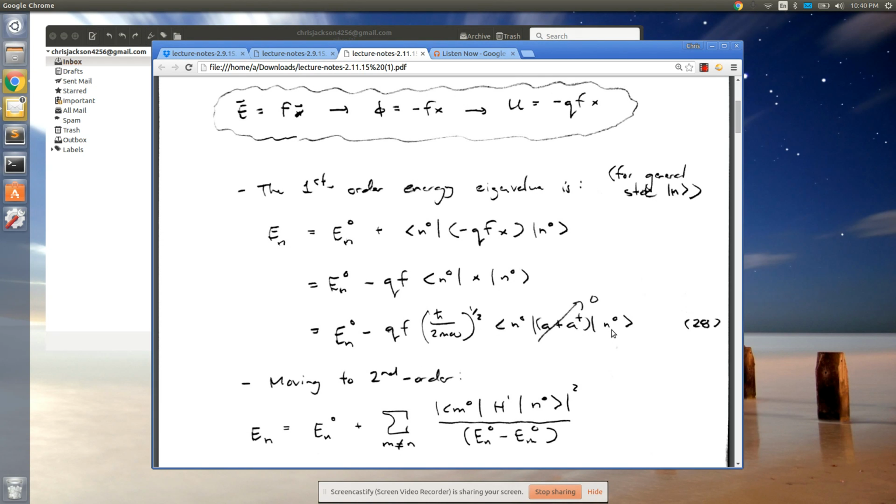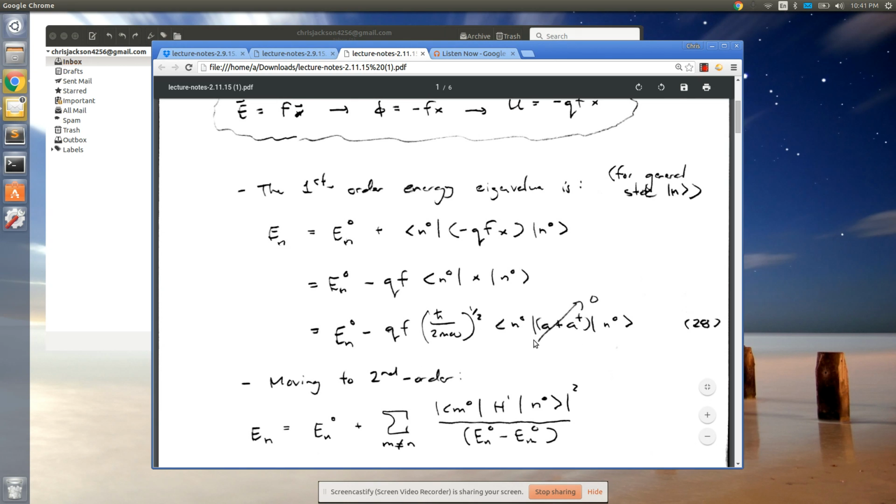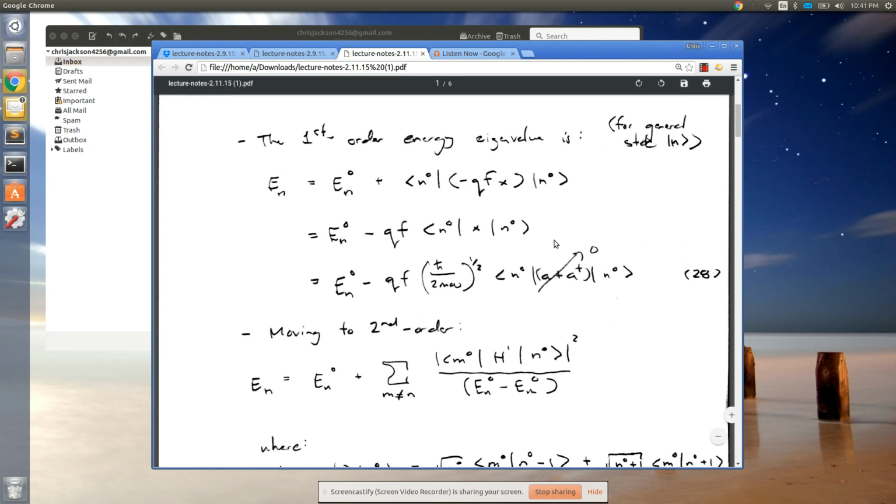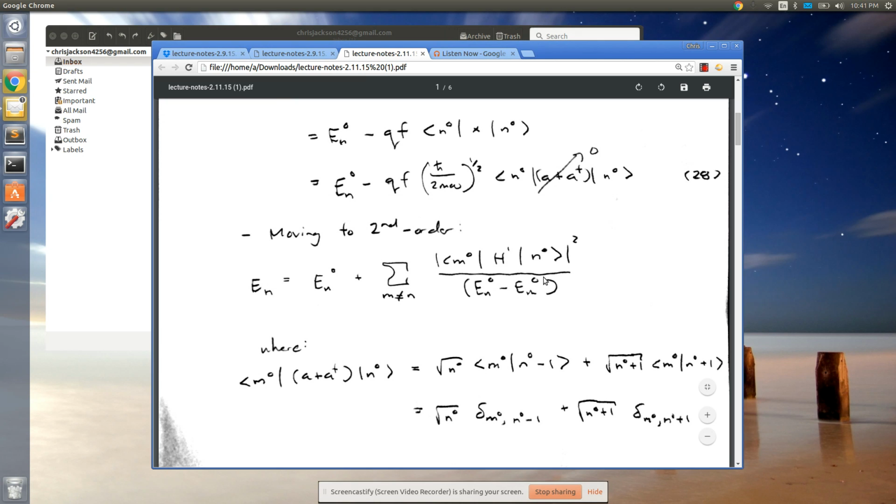Well, let me take that back, because these aren't the ground states, they're just unperturbed states. This guy's going to lower the state and this guy's going to raise it, and you're going to get orthogonal bras and kets hitting each other, and that's going to give you 0. That's why this term vanishes.